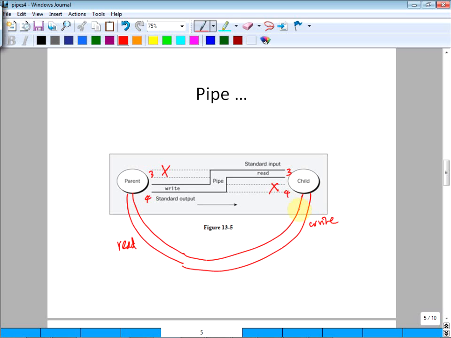So child is writing and parent is reading. Here parent is writing and child is reading. So that's one-way communication. This is another one-way communication.